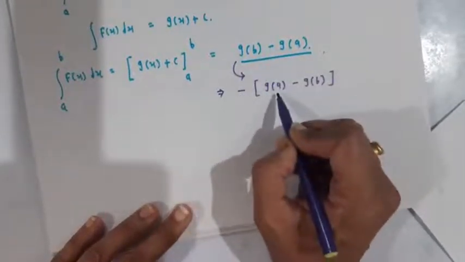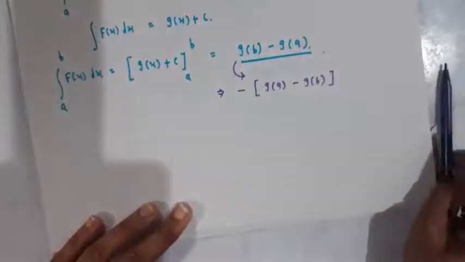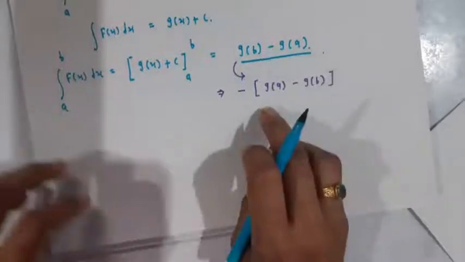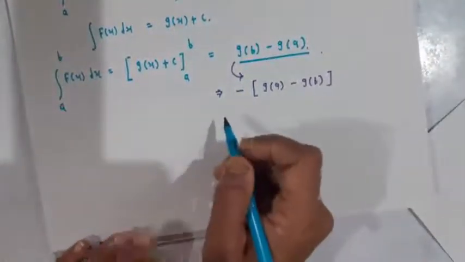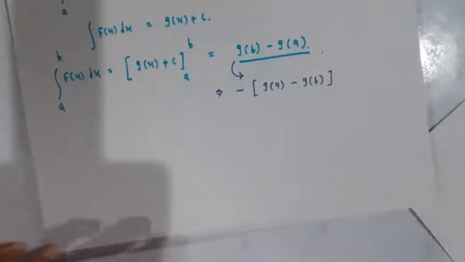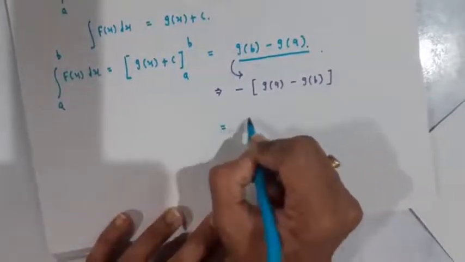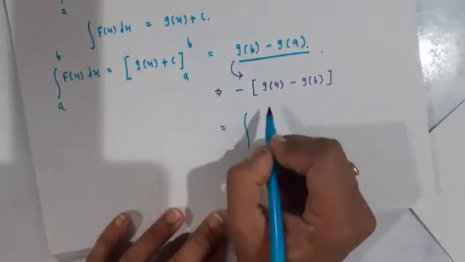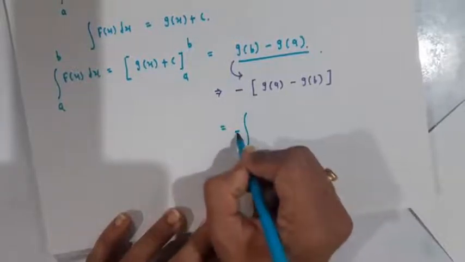This is equal to g of a minus g of b, and in terms of integration we can write this as equal to the minus sign as it is.